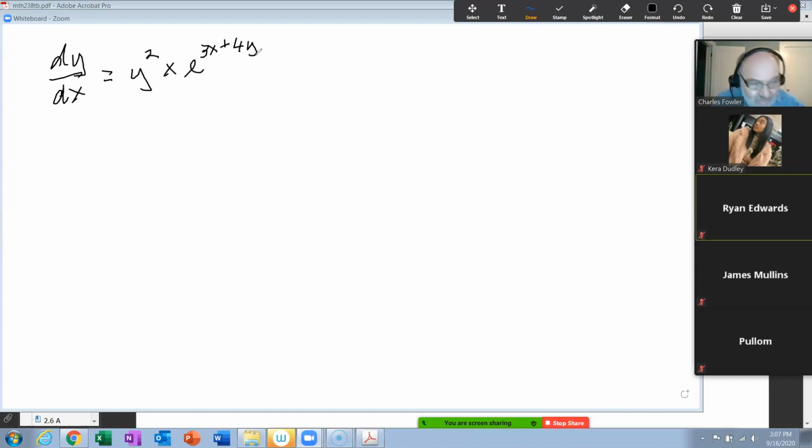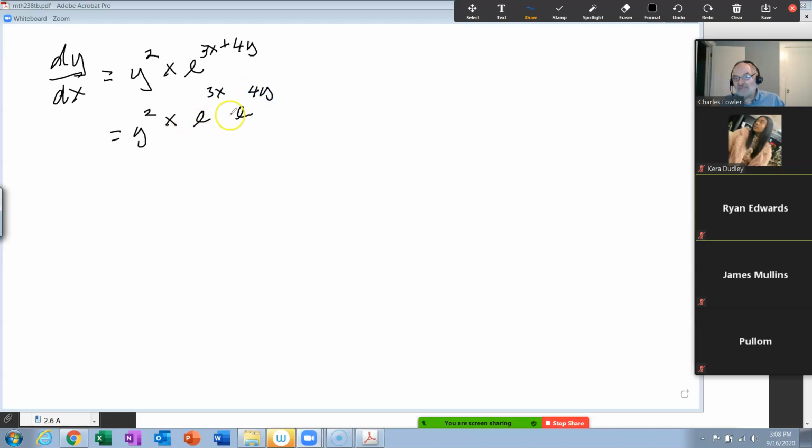Unless and until you think about the case, what's the property of exponents? You can rewrite this to be y squared, that's separable. x is separable, okay? But when you got a sum of your exponents, that means it's a product of the things you had. That can be written as e to the 3x times e to the 4y.